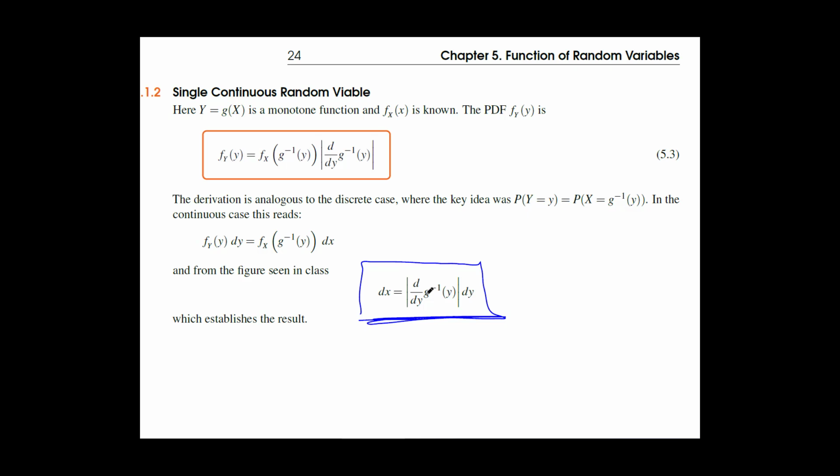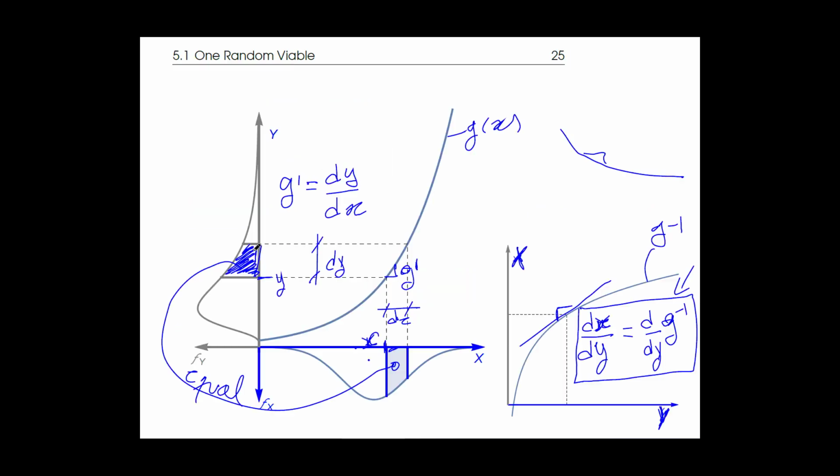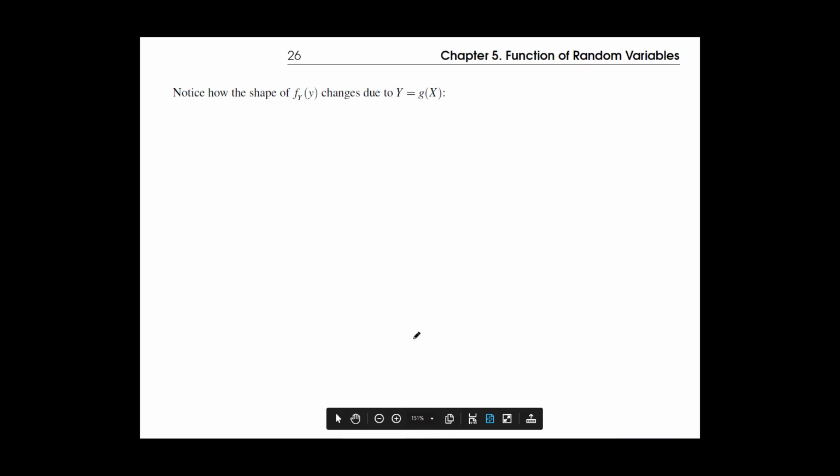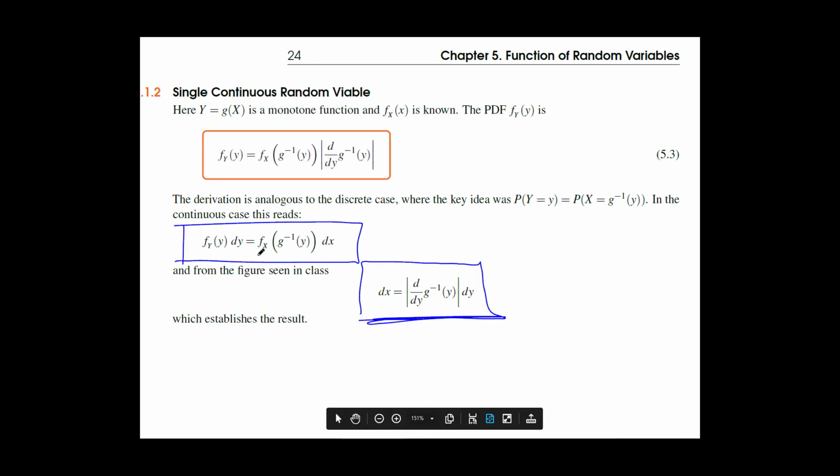And that's going to be a recipe, right? And yeah, this is the condition that the probabilities are the same. It's the f of y dy, which would be this area right there. And the area right here for x is f of x times dx, right? Which is this one right here. All right.